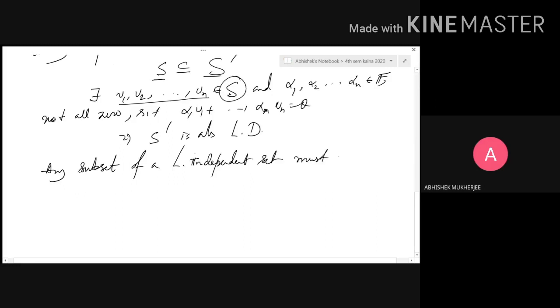So this is true. For linear dependence, any superset of a linearly dependent set is linearly dependent, and for linear independence, any subset of a linearly independent set is linearly independent.